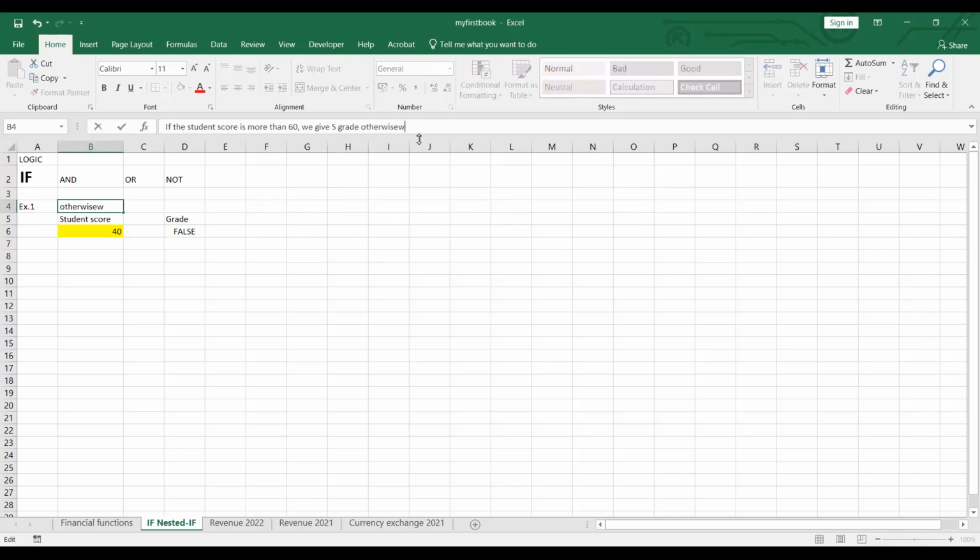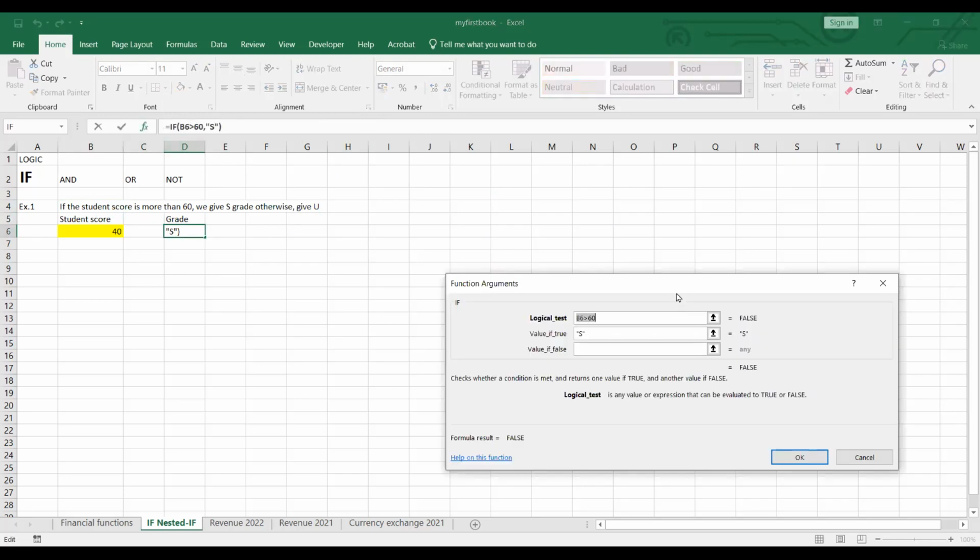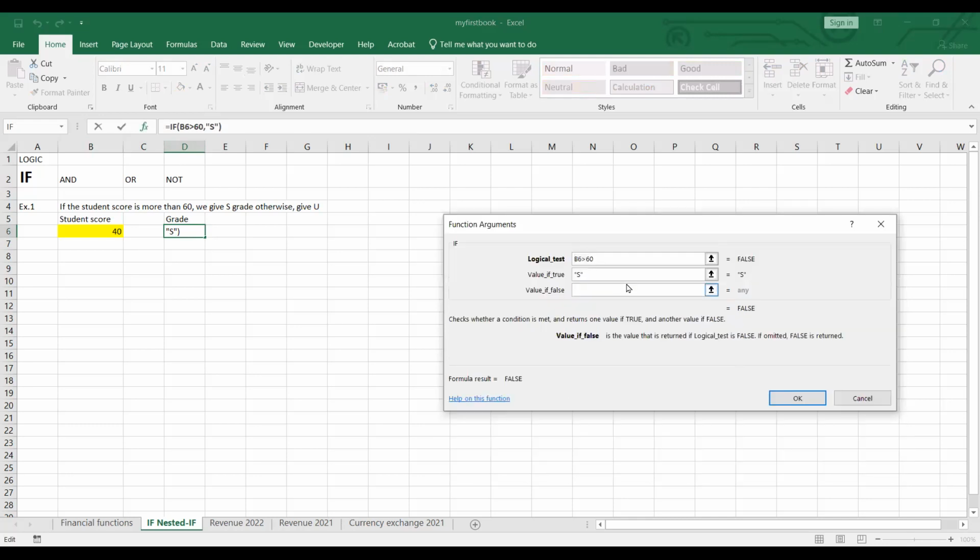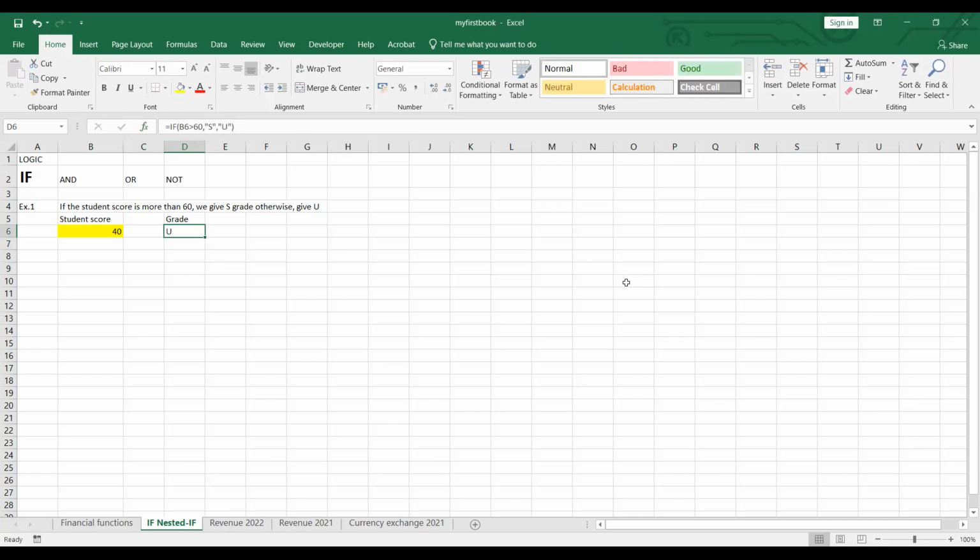Say that otherwise, give U. Okay, in here, you can see that we just fix our IF function, value if false, we give U instead. So you can see that this person gets U instead of S, because we said that the person will have S when that person gets more than 60.